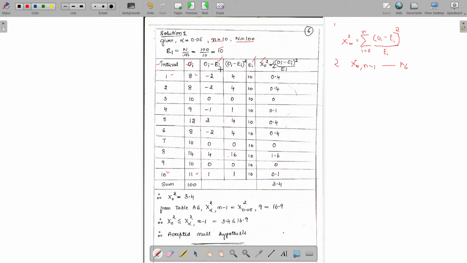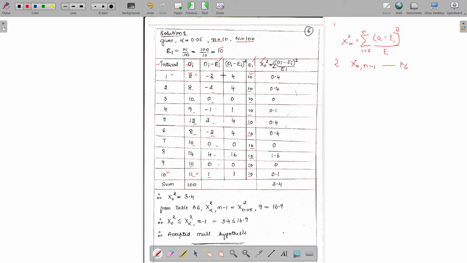Now Oi minus Ei. 8 minus 10 will get minus 2. 8 minus 10 will get minus 2. 10 minus 10 will get 0. 9 minus 10 will get minus 1. 12 minus 10 will get 2. 8 minus 10 will get minus 2. 10 minus 10 will get 0. 14 minus 10 will get 4. 10 minus 10 will get 0. 11 minus 10 will get 1.